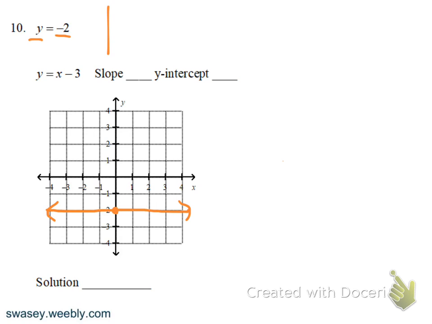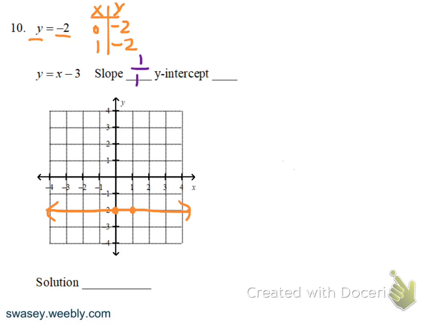If you want to, you can do a little XY chart if you forget which is which. Y is negative 2 every time. Pick a couple values for x, and you can see 0, negative 2, and 1, negative 2. And then you'll start to see that horizontal line form.